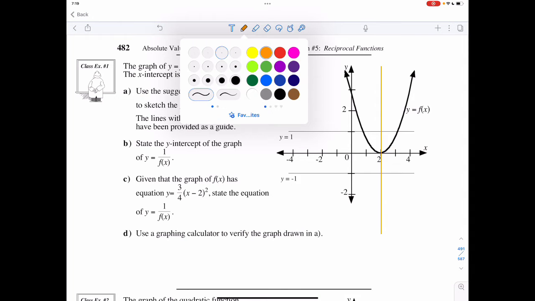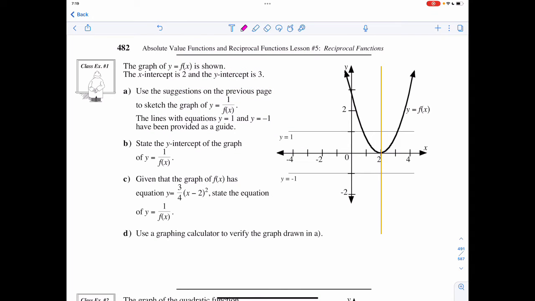I know that wherever my original graph was equal to 1 or negative 1, my new graph is going to go through. I know where my original graph was about 3 here. I'm going to make it approximately 1/3.